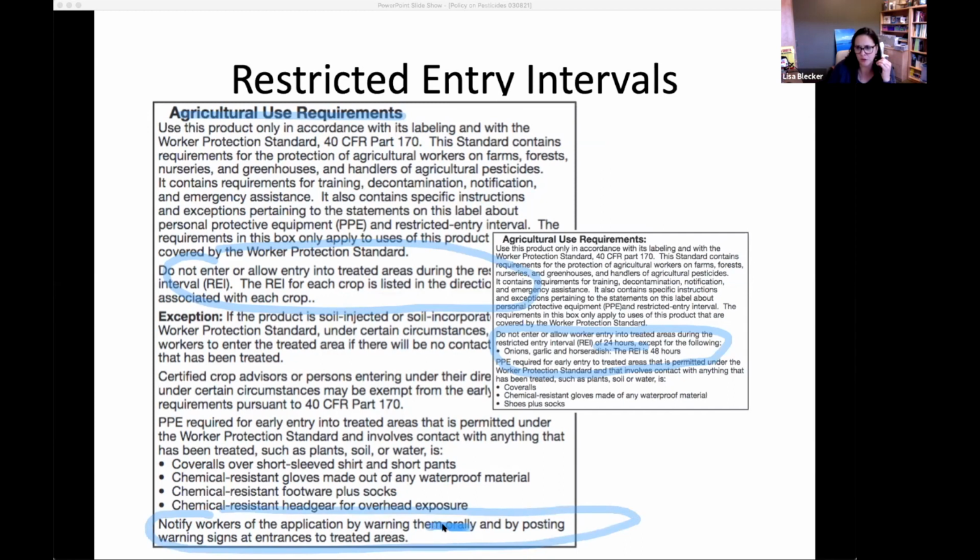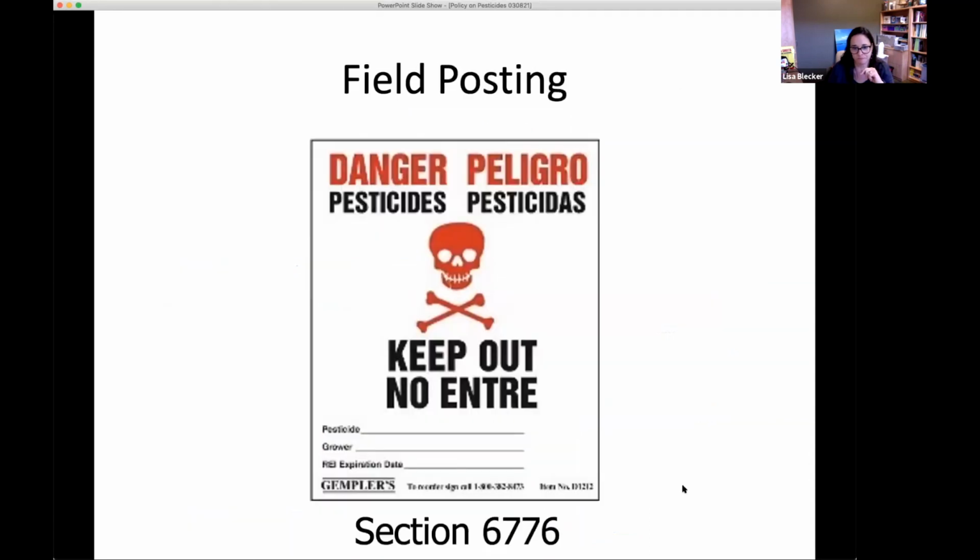We always notify people orally, and by posting warning signs. So if it says 'and by posting warning signs,' that means you have to post a warning sign. This particular pesticide, the second one here, doesn't say anything at all about posting, which means the label itself doesn't require posting. That doesn't mean that posting is not required. It's just the label doesn't require it.